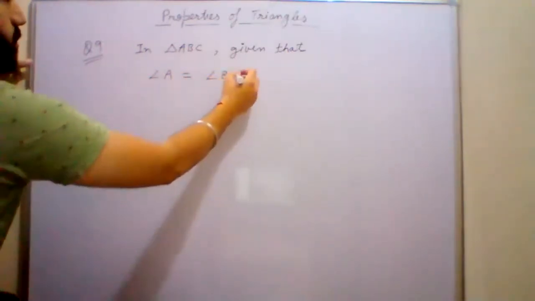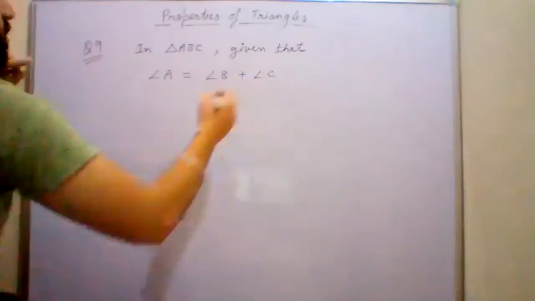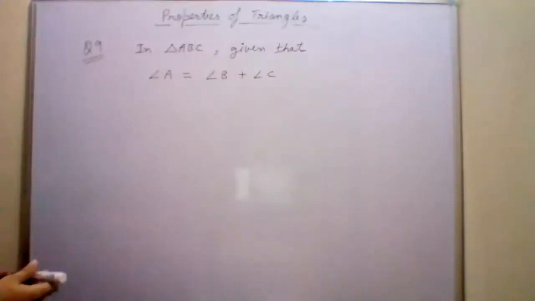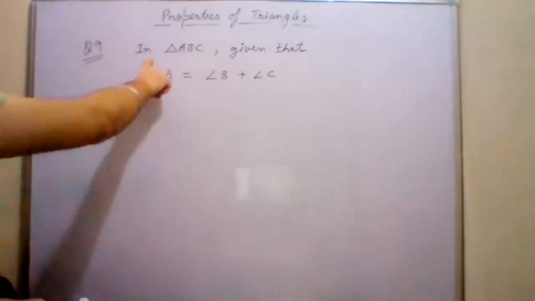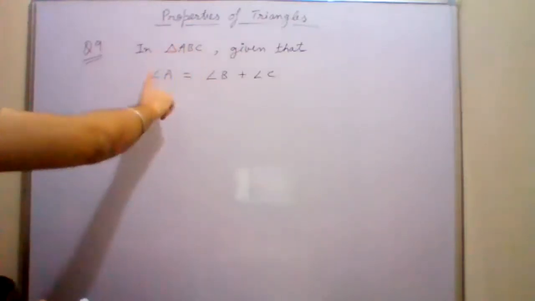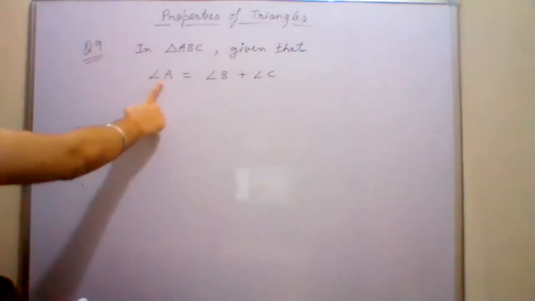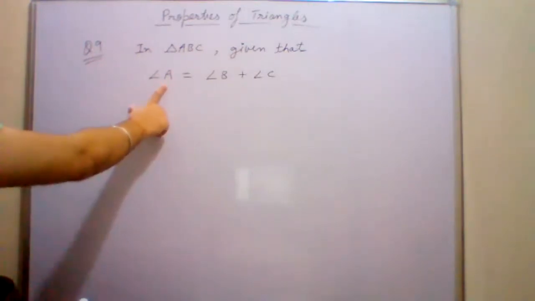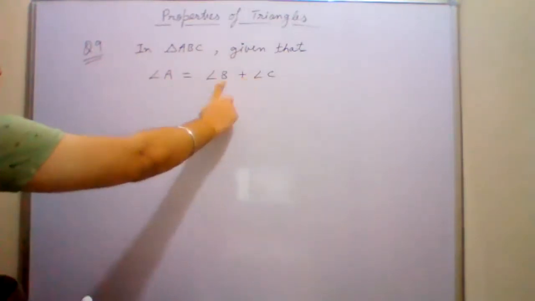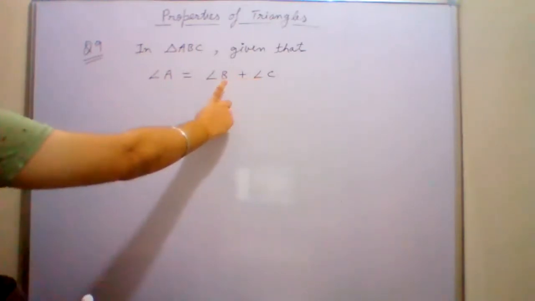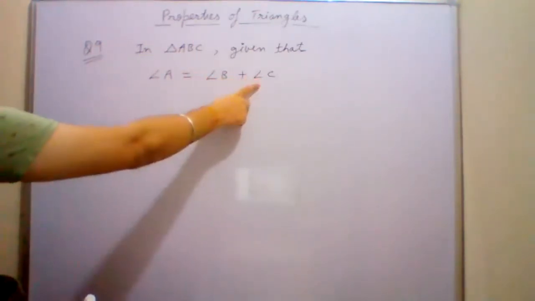That means angle A is equal to angle B plus angle C. Is it clear to all of you? This is given in the question. In a triangle, one angle, any one angle, we have taken angle A, is equal to the sum of the other two angles. That means angle A = angle B + angle C.